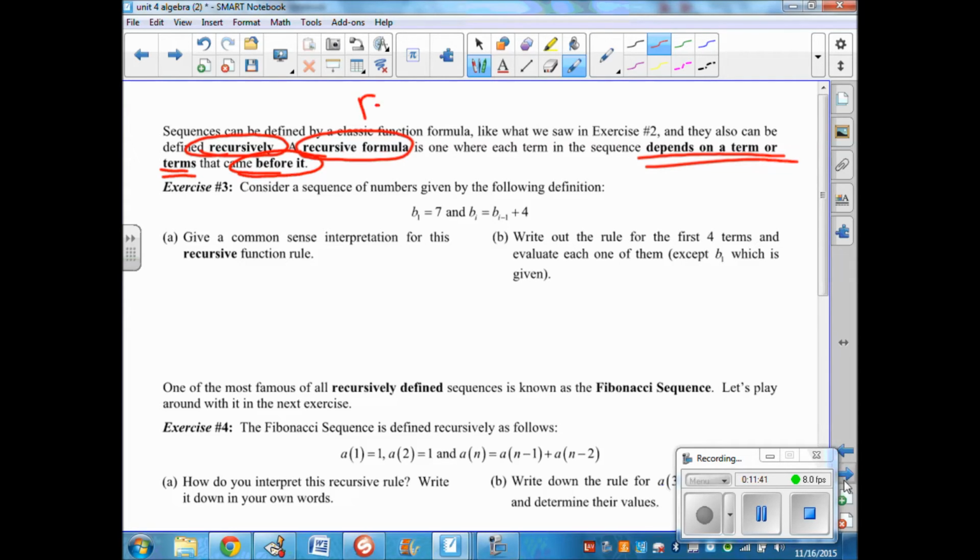So what do you need to remember here? Recursive relies on the term before it. You see the word recursive, you've got to think the term before.